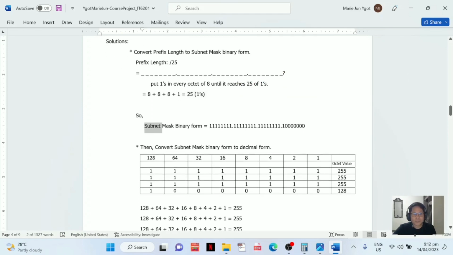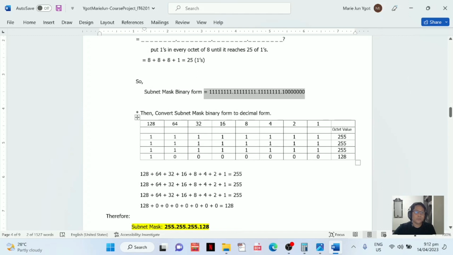So our subnet mask in binary form would be 8 ones, another 8 ones, another 8 ones, and only 1 one here, and the rest is 0. Okay, so this is our subnet mask.